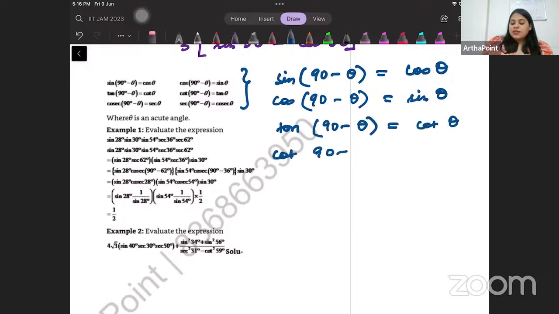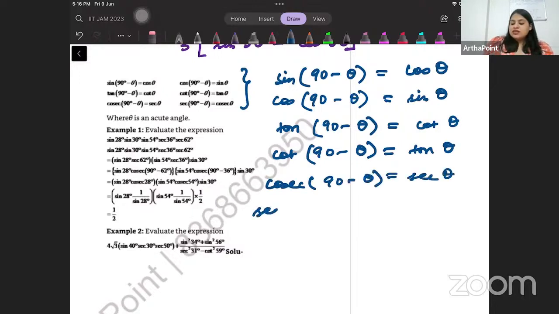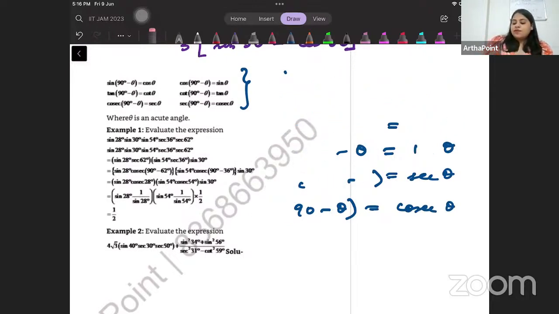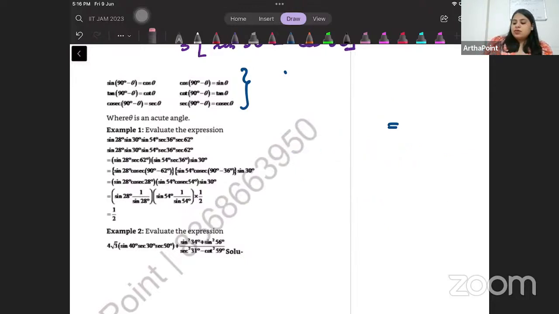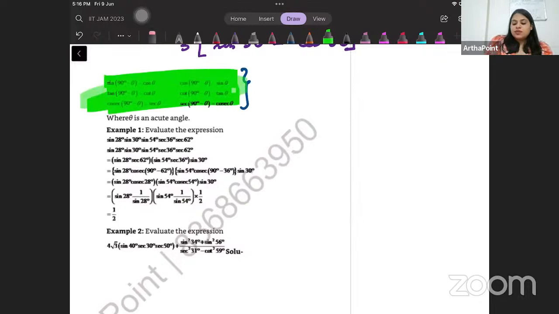Cot 90 minus theta is tan theta. Cosec 90 minus theta is sec theta. And sec 90 minus theta is cosec theta. These are the identities you should be remembering. Let us try to do a question based on them.